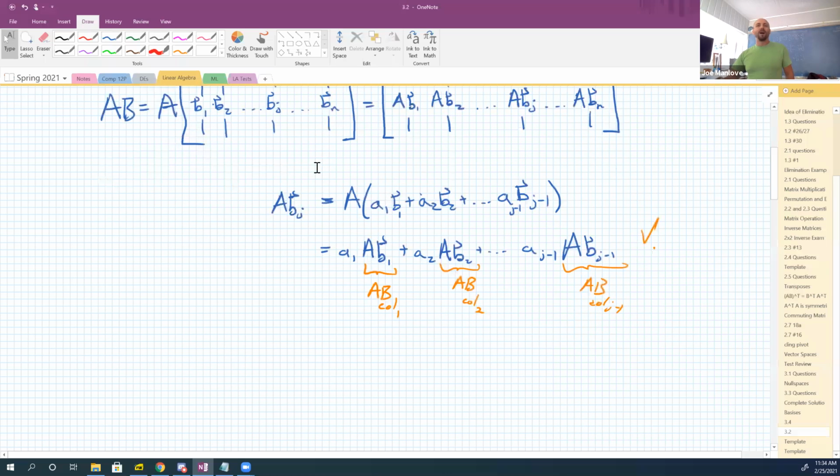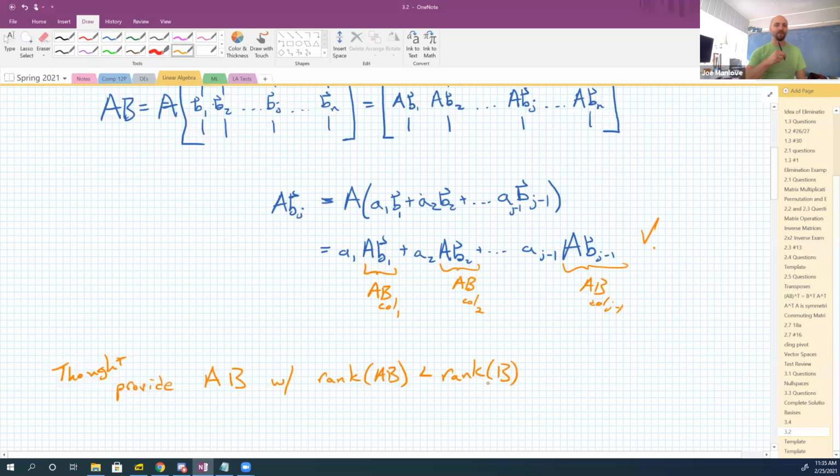So I just want a quick thought off to the side here, which is: provide A and B with rank of AB actually smaller than the rank of B. You guys come up with an example for that?